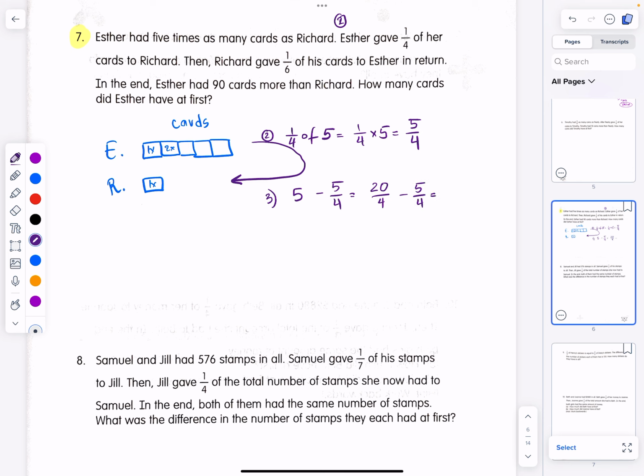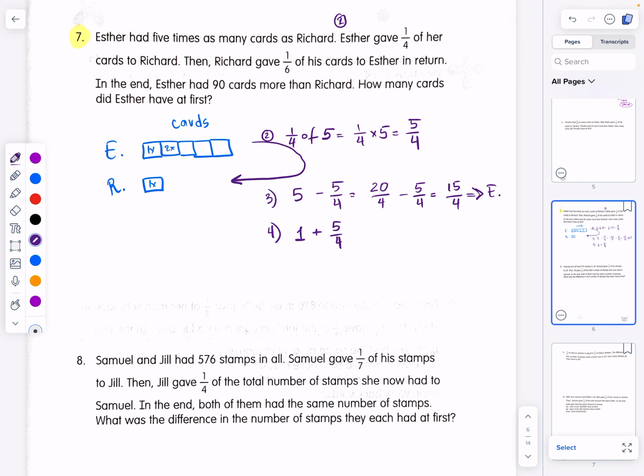Therefore, Esther now has 15 quarters. That's Esther. But what happened to Richard? Richard, my friends, step 4. Richard had 1 unit, and now he has plus 5 quarters.